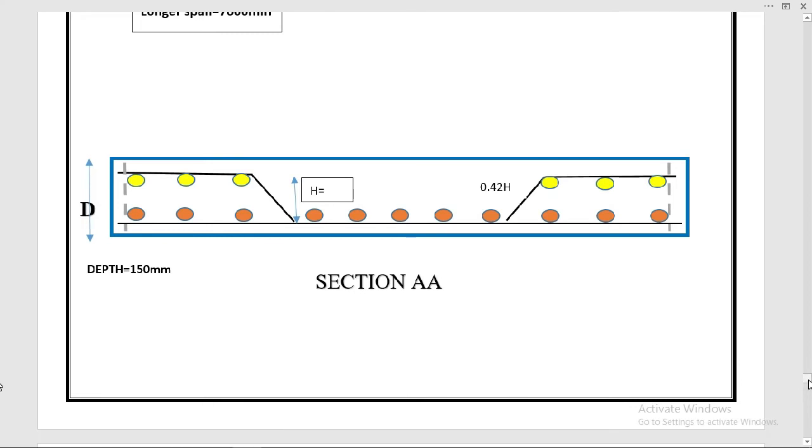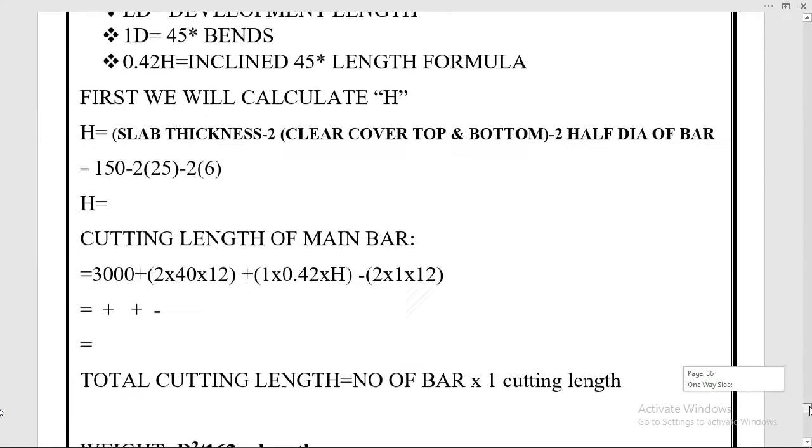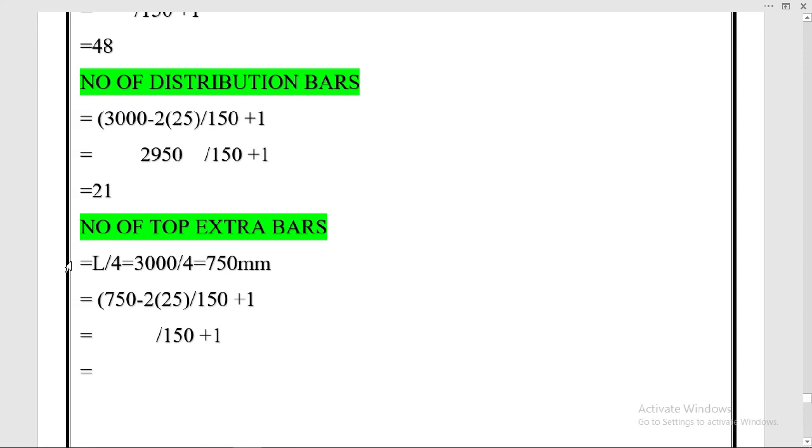So first we will calculate this length, then we will calculate the number of top extra bars. L by 4. So we have L here. We know that the top extra bars are also provided along the distribution bar, but distribution bars are at the bottom, and the top extra bars are at the top where, after the bend, they are provided.